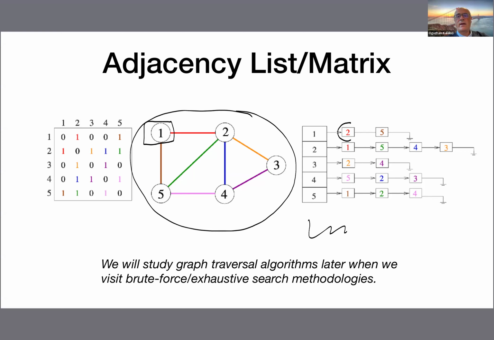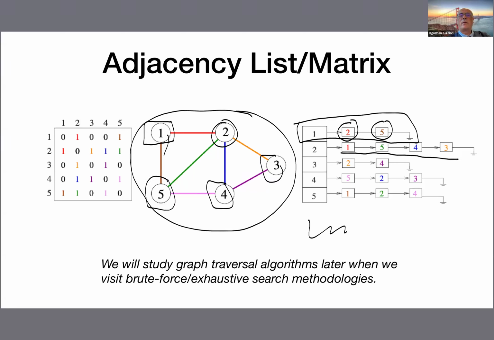So that is why I have a list 2 and 5. You may assume this as a linked list. For 2, I have 1, 5, 4, and 3. For 3, I have 2 and 4. For 4, I have 5, 2, and 3. And for 5, I have 1, 2, and 4. So this is the adjacency list representation.